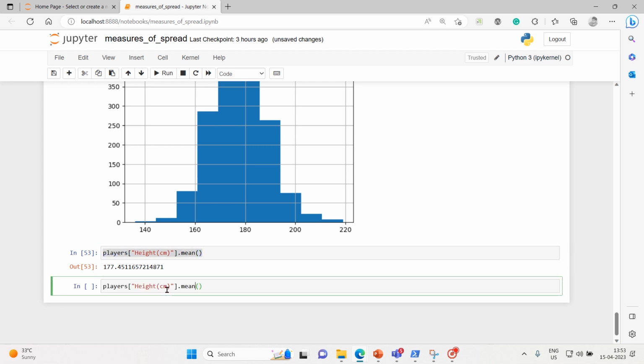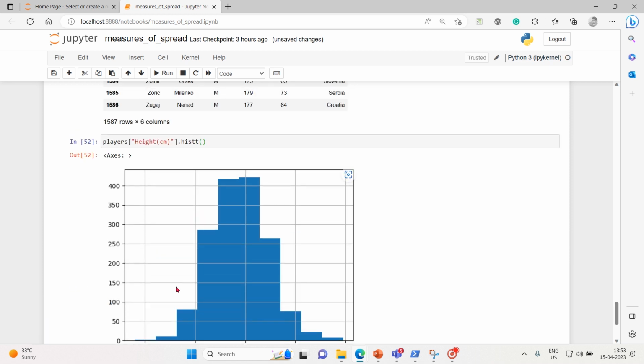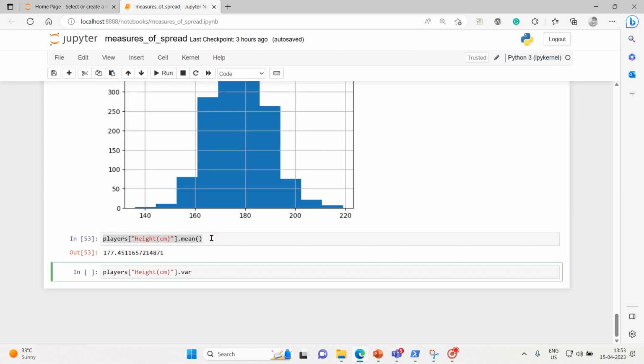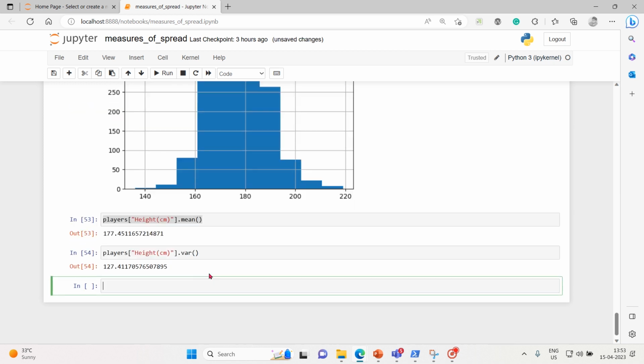Then let me go for the variance. We can directly calculate the standard deviation. To calculate the variance, I'm going to use var, and it's 127.411. The variance is too much because it's a squared one. Now I'm going to calculate the standard deviation, and it should give more sense.